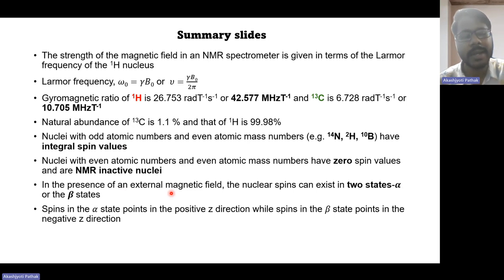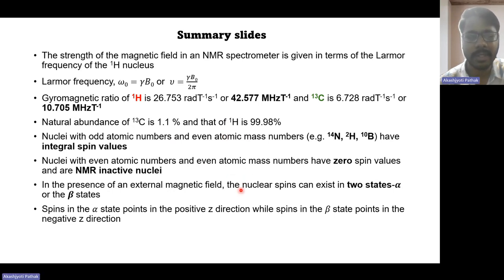In the presence of an external magnetic field, when the nucleus is placed in an external magnetic field, the nuclear spins can exist in two states. It can exist in the alpha state or the beta state. The spins in the alpha state point in the positive z direction, while spins in the beta state point in the negative z direction.